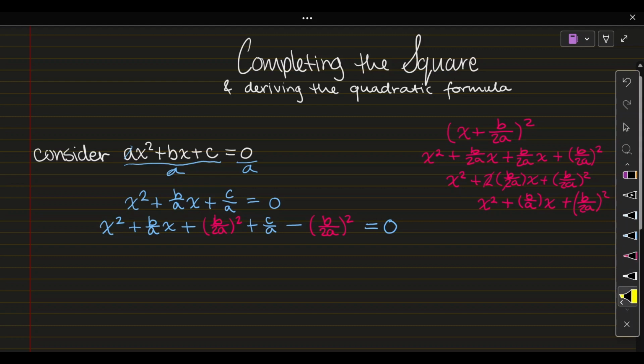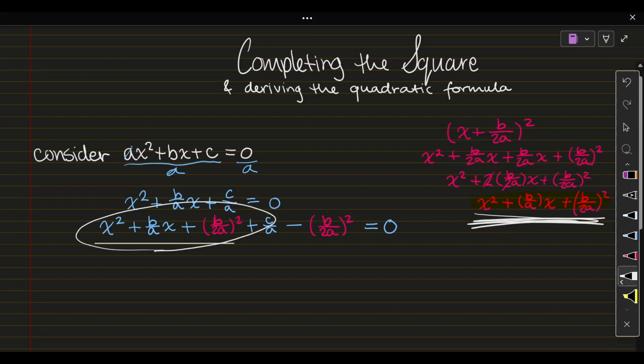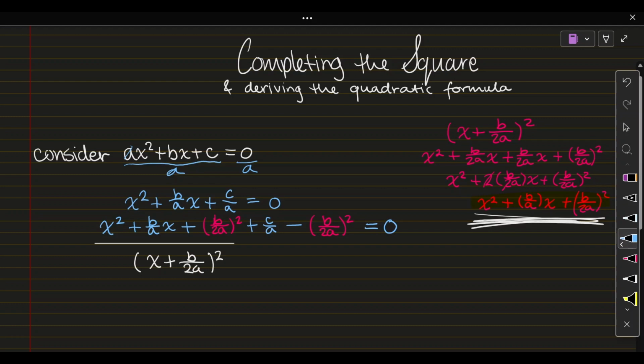So I want you to notice that this here is the same as this here. This tells us that we can rewrite this as x plus b over 2a squared, and then I have plus c over a minus b over 2a squared equals 0.